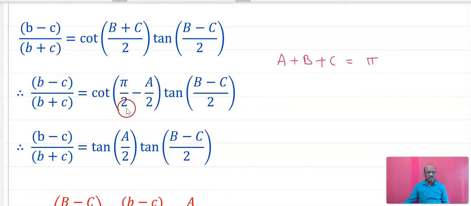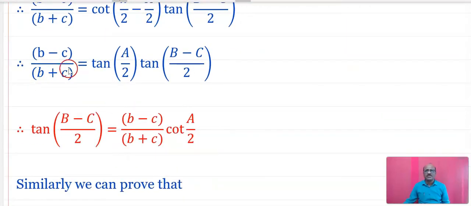The cot of pi by 2 minus A by 2 is nothing but tan of A by 2. So tan of A by 2 into tan of (B − C) upon 2 equals (b − c) upon (b + c). Now this tan of A by 2 when it goes to the left hand side becomes cot of A by 2, and hence tan of (B − C) upon 2 is equal to (b − c) upon (b + c) into cot of A by 2.